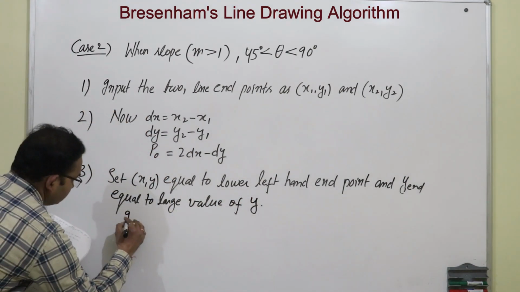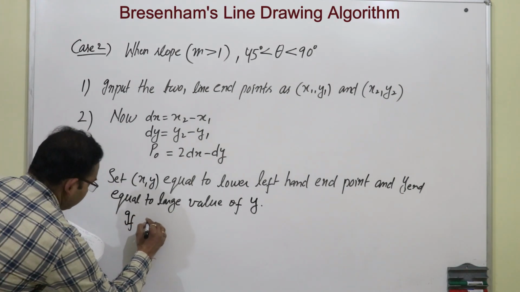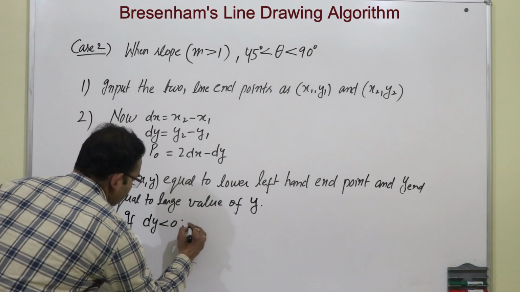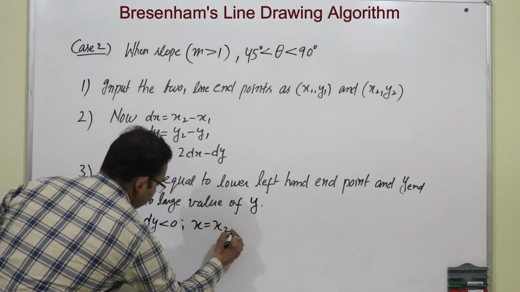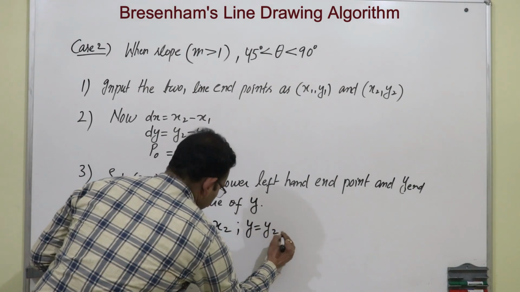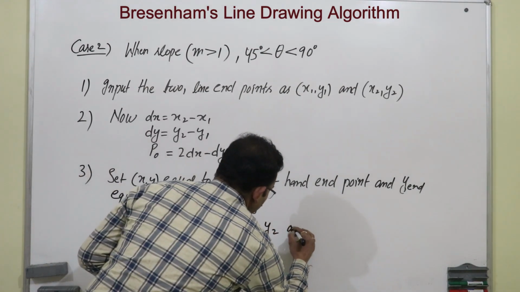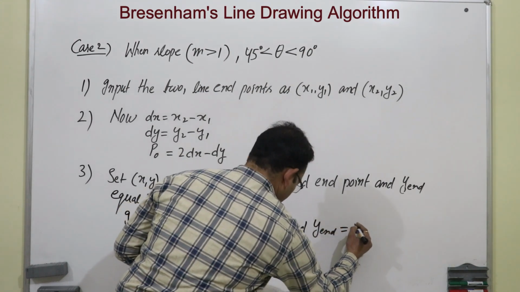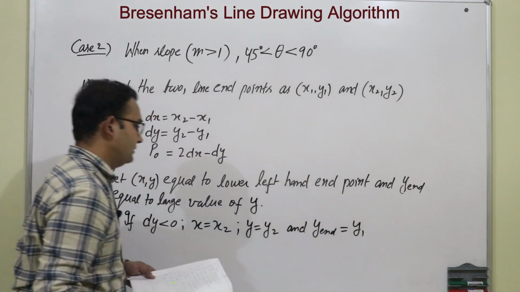If dy less than 0, then x equal to x2, y equal to y2, and y end equal to y1.